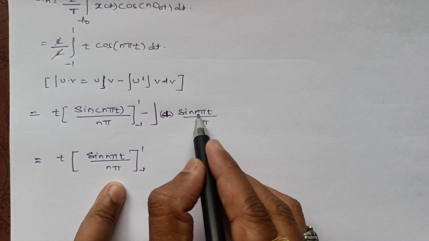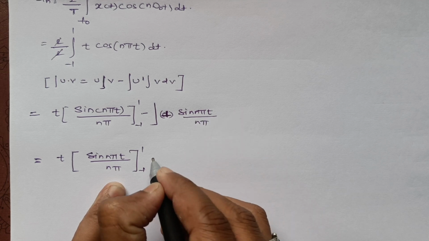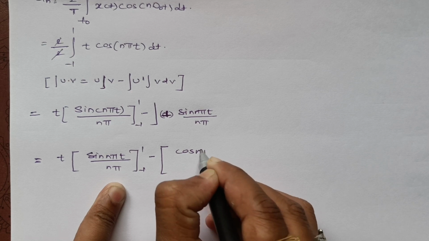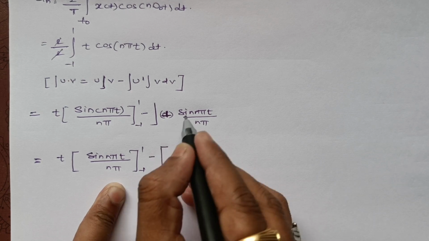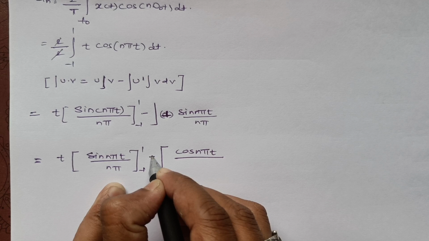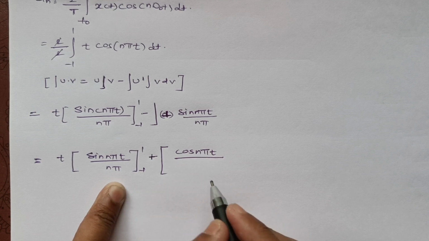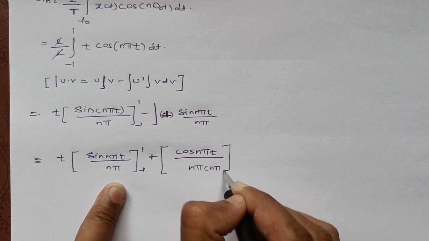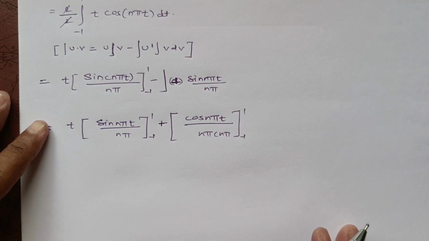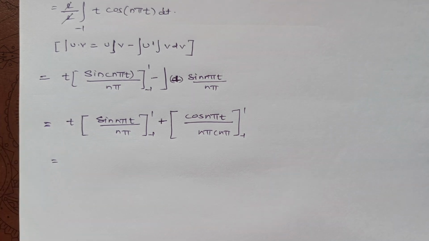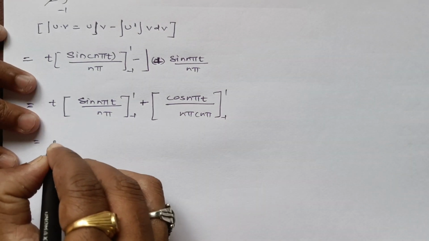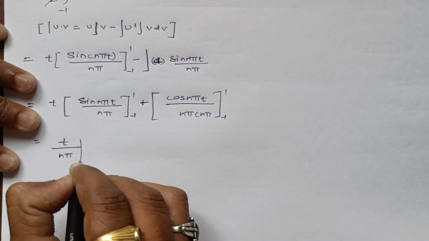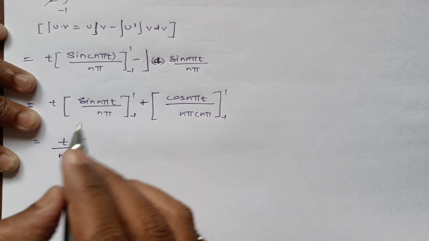And its integration, now the integration of sin is minus cos. So we will be getting this term as minus cos n pi t, minus minus, this will become plus, n pi one more time, n into pi, with the limits -1 to +1. Clear? So we'll take this term t upon n pi into the upper limit, which is 1.